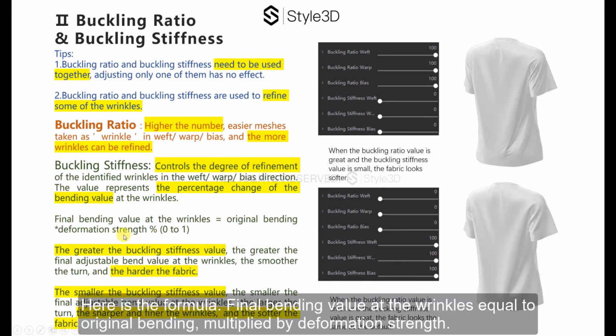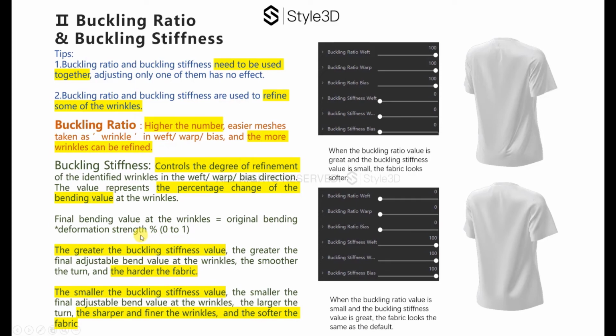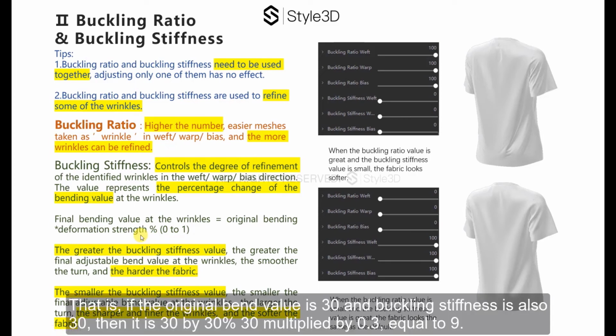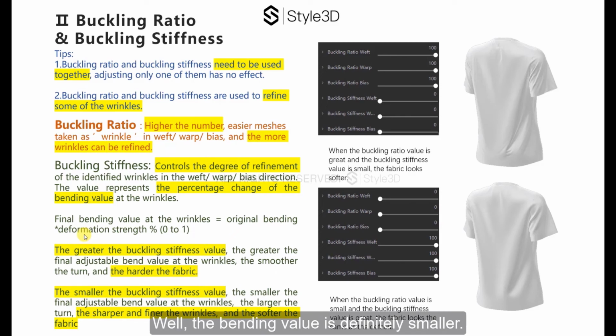Final bending value at the wrinkles equals original bending multiplied by deformation strength. That is, if the original bend value is 30, and buckling stiffness is also 30, then it is 30 times 30%. 30 multiplied by 0.3 equals 9. Well, the bending value is definitely smaller.